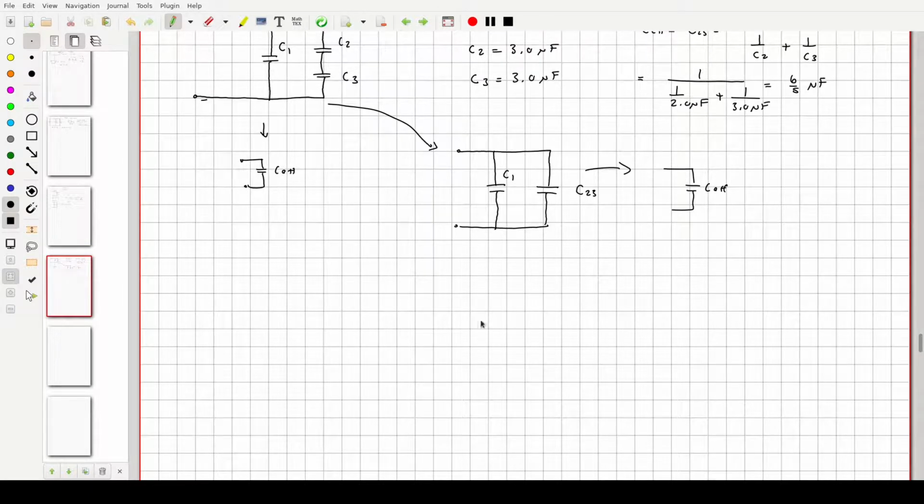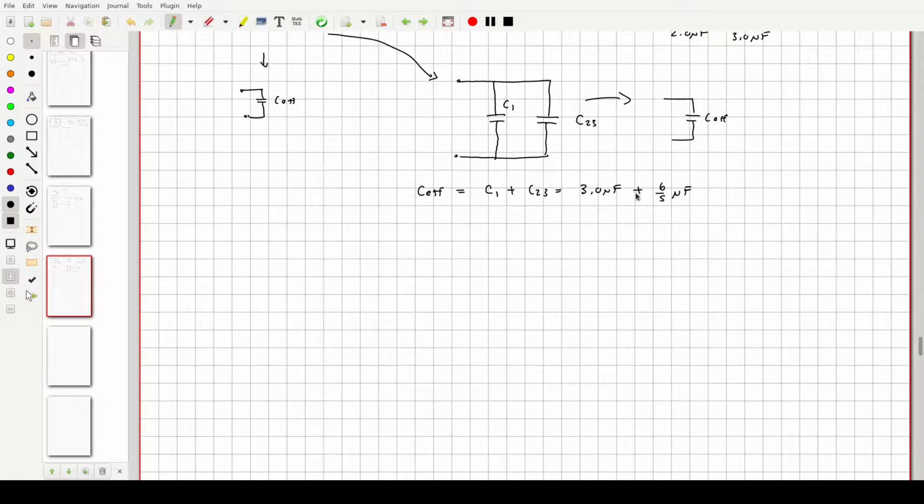Now to go from here to here, we have to add them in series, or rather in parallel. And in parallel, we know that our effective capacitance is going to be what you get when you take C1 and just add it to C23, because they add together straight up when you do them in parallel like this. So C1 was 2.0 microfarads, C23 is 6/5 microfarads. Again, we could play the common denominator game and add them that way.